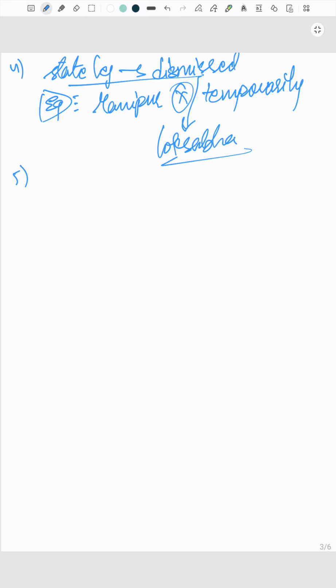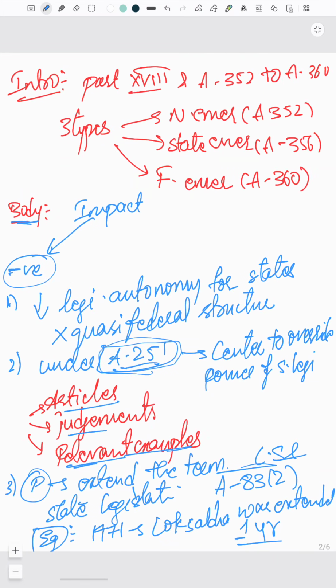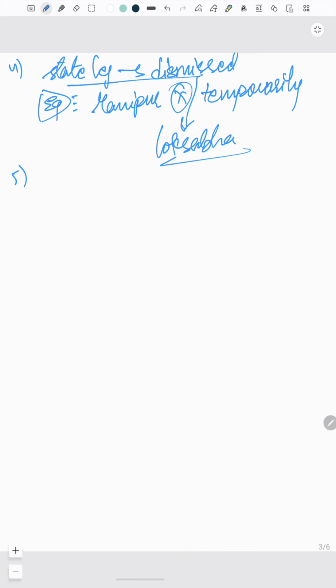If you observe, generally anyone will focus majorly on the presidential emergencies, that is state emergency and national emergency, but you have to consider the financial emergency as well. You have to write at least 1 point. Though a financial emergency has not occurred in India till now, we have to ensure the financial emergency is also addressed in our points.